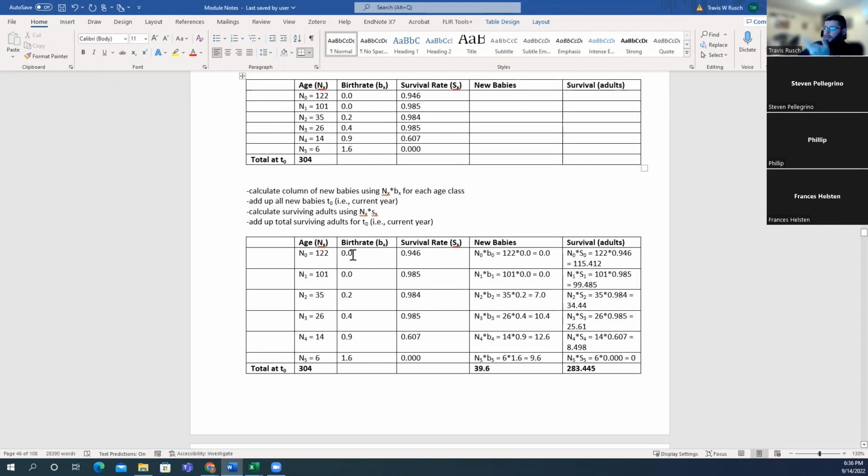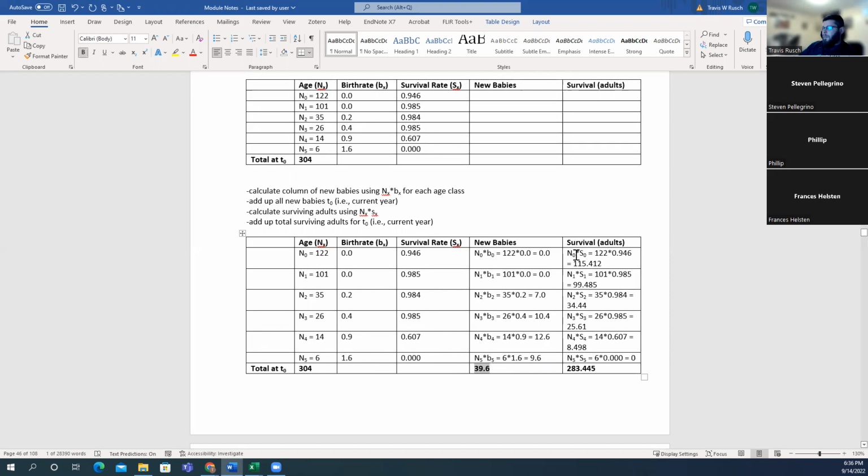Because the birth rate for the first two age brackets is 0, both of those values are going to be 0. But for 2-year-olds, it's going to be 7 new babies, 3-year-olds, 10, and 4-year-olds, 12. And then if you want to know the total births, or T plus 1, if we round it, it'd be 40 individuals in that next generation.